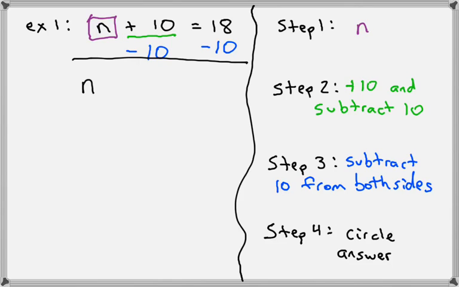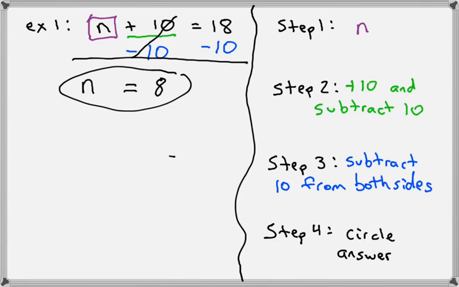A plus 10 minus 10 is going to cancel out, which is going to leave us with just the n on the left, and on the right we have an 18 minus 10, which is going to give us an 8. Step 4, circle your final answer, and you have solved your first simple or one-step equation.